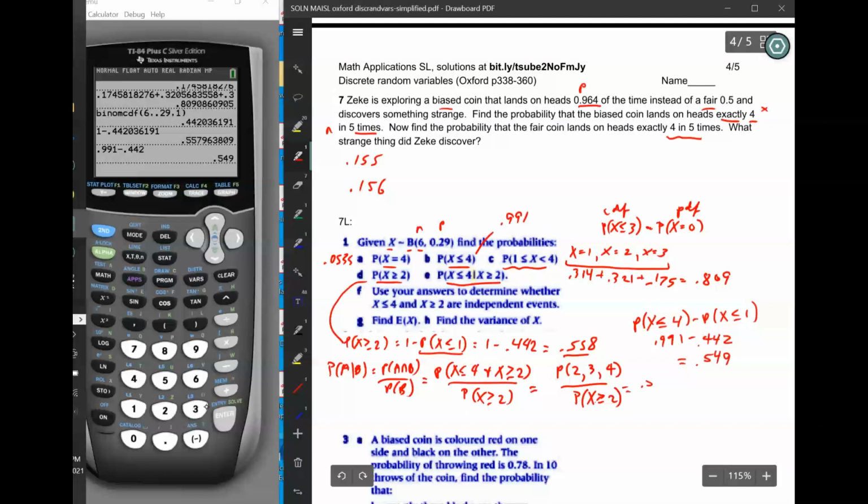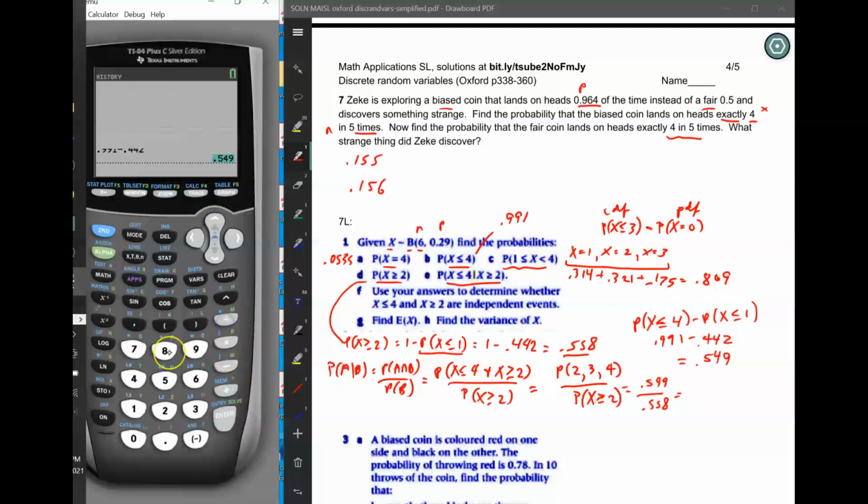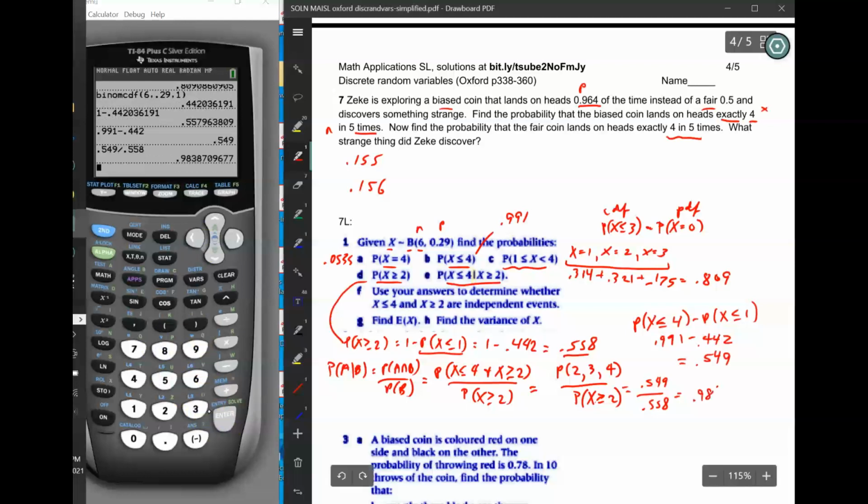So that would be the numerator. The denominator would be 0.558. So it would be 0.549 divided by 0.558, which would be equal to 0.984. And that is the answer to part E, right?